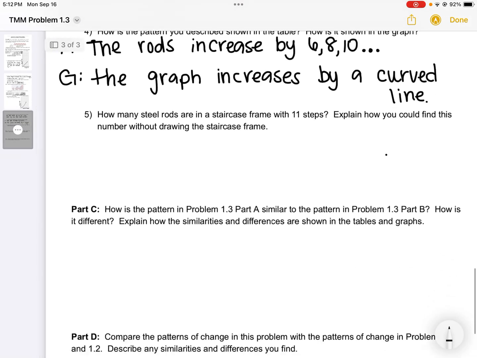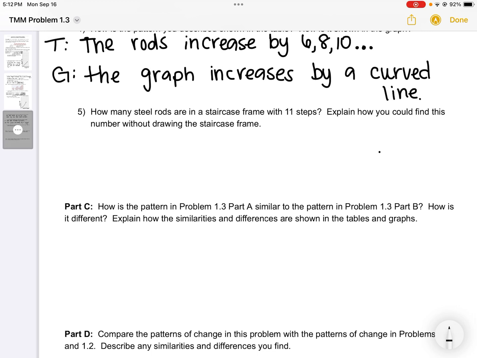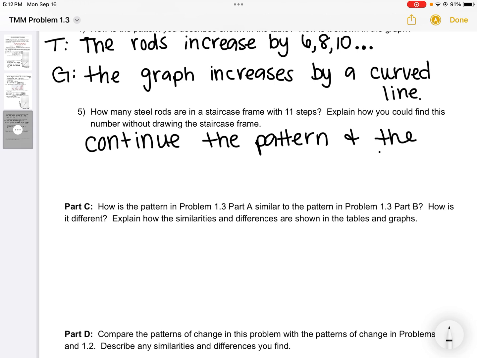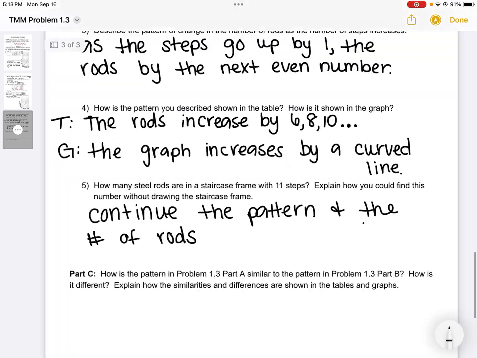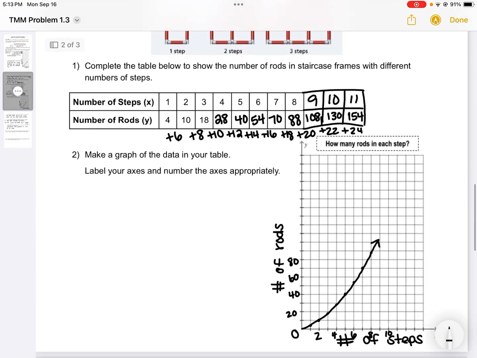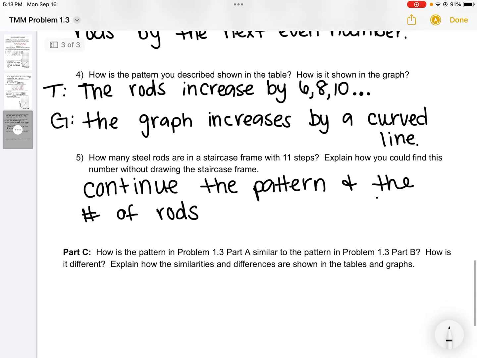So the answer to number 5 is continuing the pattern. And the number of rods is 154.